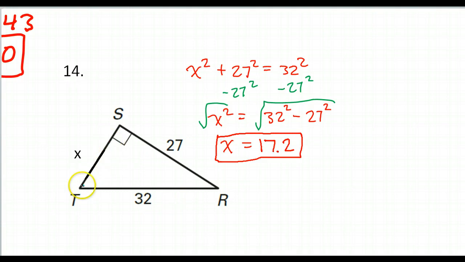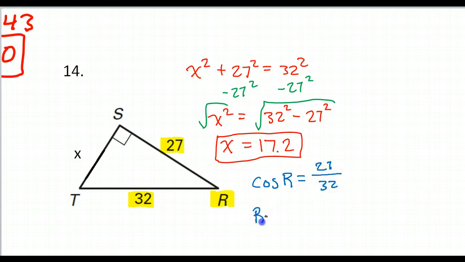Now, I also need to find angle R and angle T. Let me start by finding angle R. Okay, well, I've got adjacent leg and hypotenuse. So it looks like I'll be doing the cosine function. So I will do cosine of R is equal to adjacent leg over the hypotenuse.